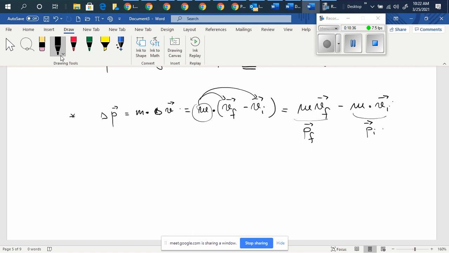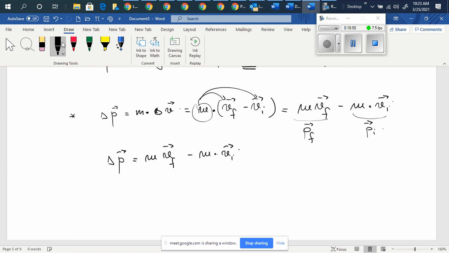But now from here, we can find one of the things that we want to find. So the formula will be minus mass times v initial.